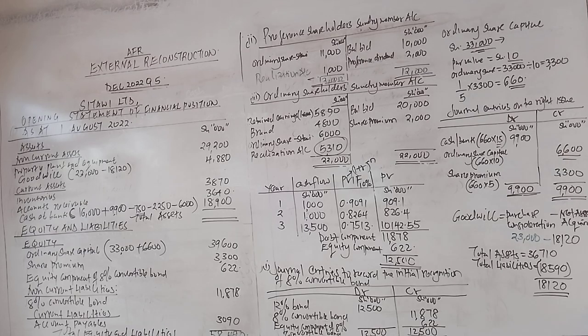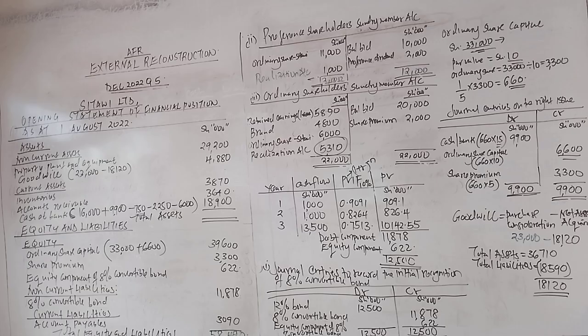Let us compute cash at bank again. How much do we have? Cash at bank again. It is 16,000. Then we add 9,900. Then from there we less 750.